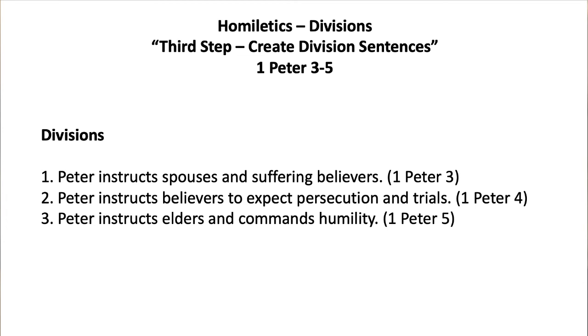In the second division, he's switching from who he's talking to, to what a certain type of person should expect. In this case, all believers should expect persecution and trials. And then the third division switches back to instructing elders, and it also has and commands humility. So that's how the divisions were made for 1 Peter chapters 3, 4, and 5.